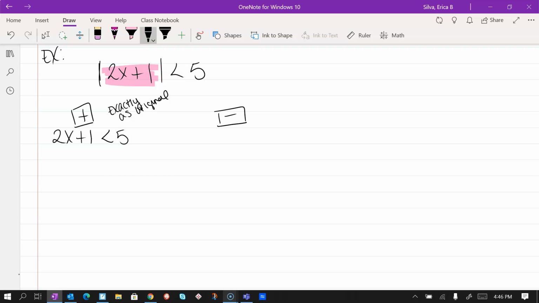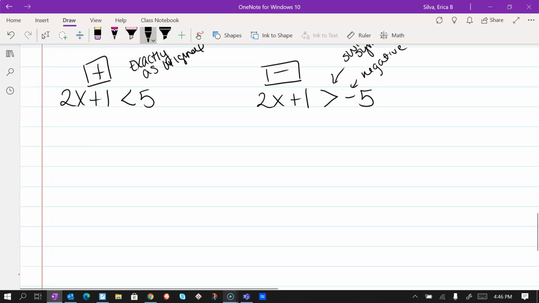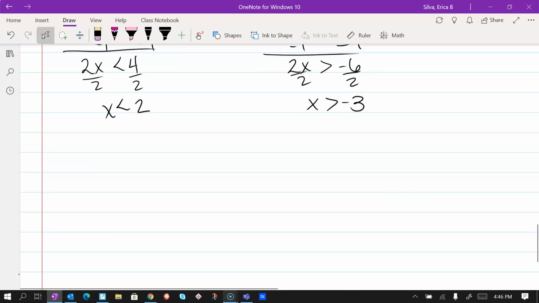My negative side, on the other hand, we've got 2x plus 1, we're going to switch the symbol and we're going to make the number negative, just like we did when we solved for the equation. And then after this, we solve for this side.